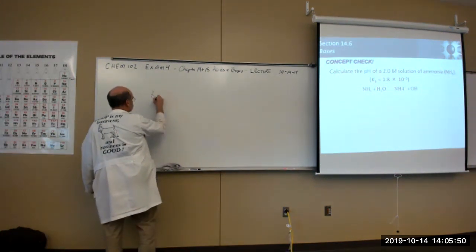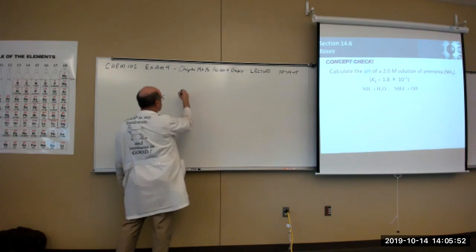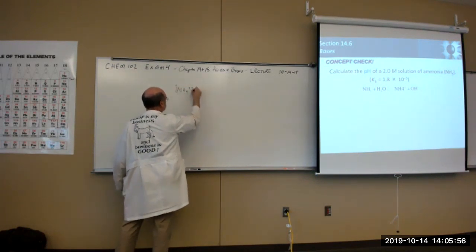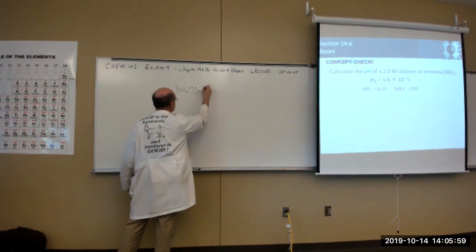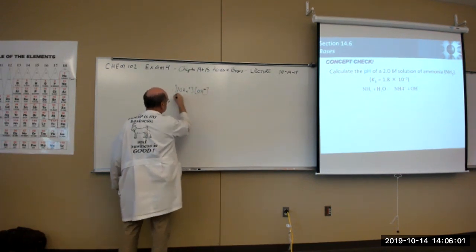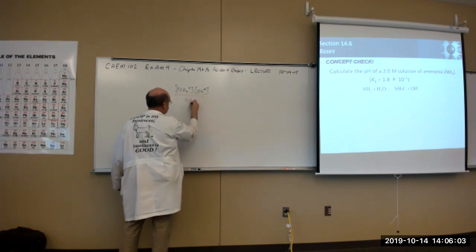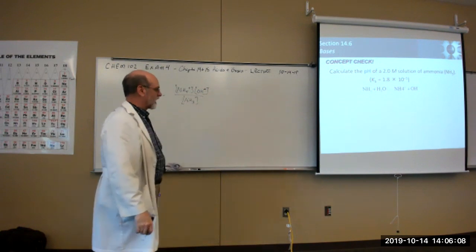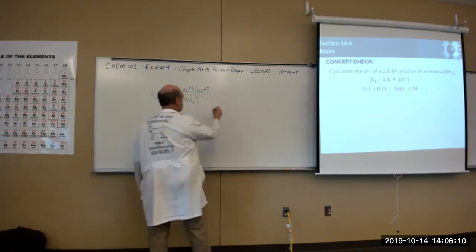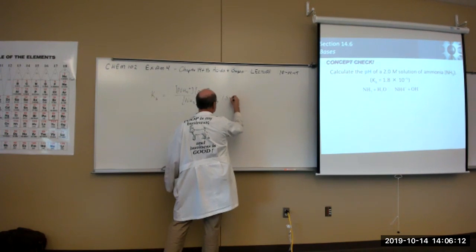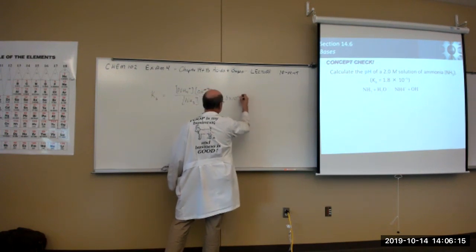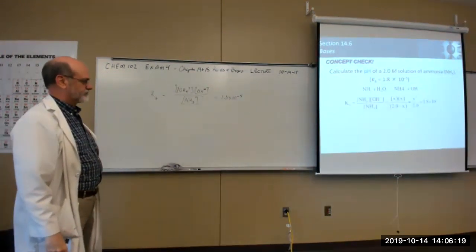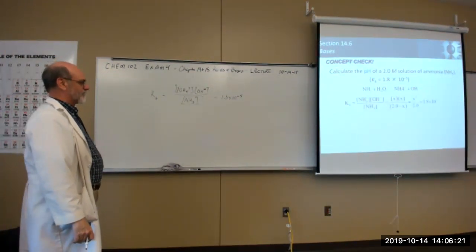So the Kb for that expression is going to be the ammonium ion that's produced times the hydroxyl concentration divided by the ammonia concentration. And water doesn't count. And that's equal to 1.8 times 10 to the minus 5.